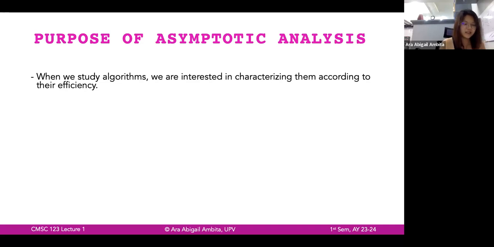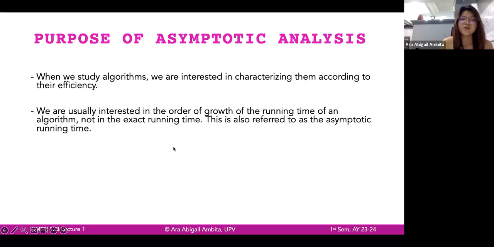When we study algorithms, we are interested in characterizing them according to their efficiency, and we are usually interested in the order of growth of the running time and not the exact running time, because there will be different implementations, there will be a lot of restrictions, and it's very tedious to count every time step. We are only interested in the most important detail, the order of growth of the running time, not the exact one.